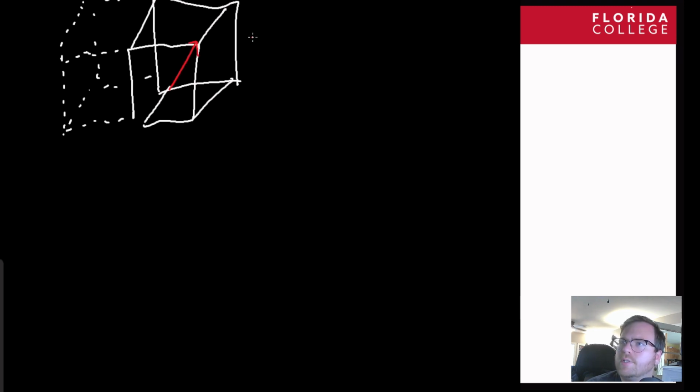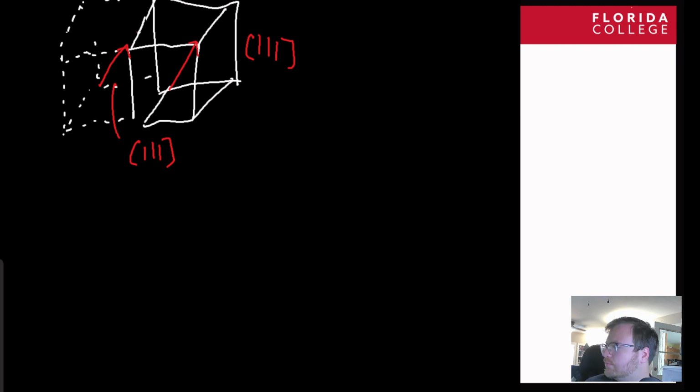This direction is 1, 1, 1. But this direction is also 1, 1, 1. Okay? They're the same. So if you're drawing your vector and you get something like this, you can actually just translate it over to your unit cell. Right? Okay. Let's move on.